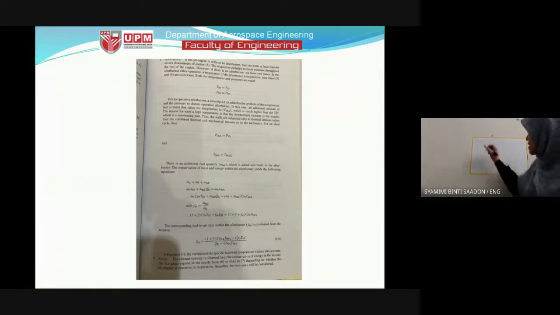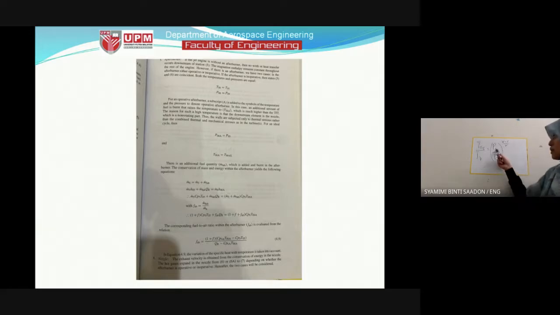So for temperature, T total 6 over T7 equals to P6 over P7 to the power of gamma minus 1 over gamma.